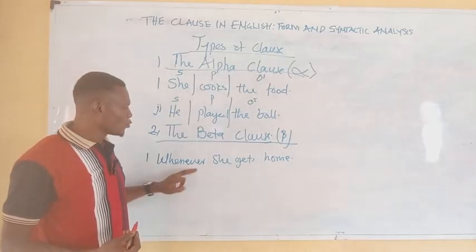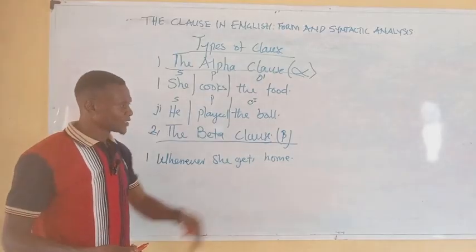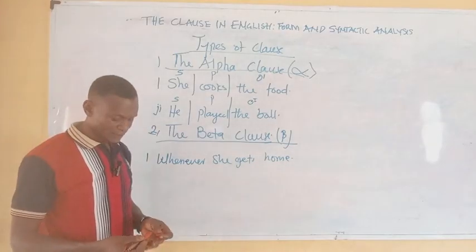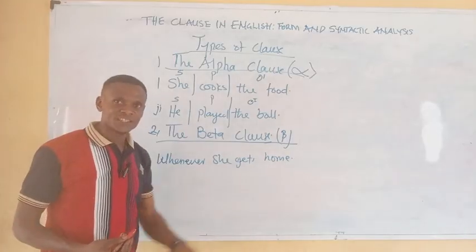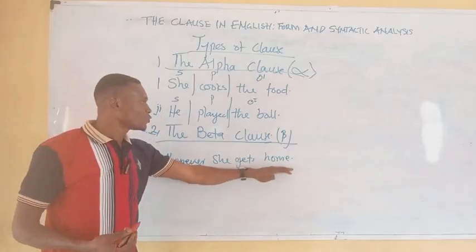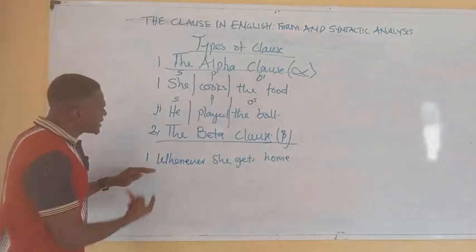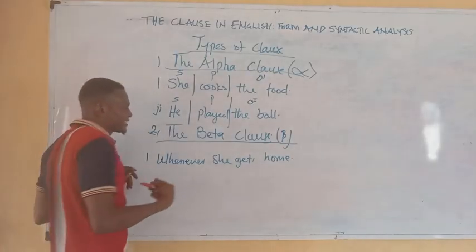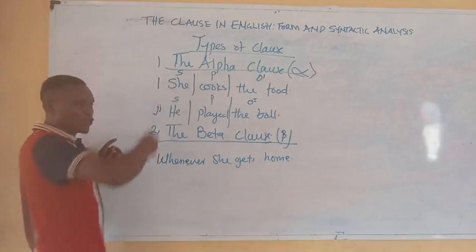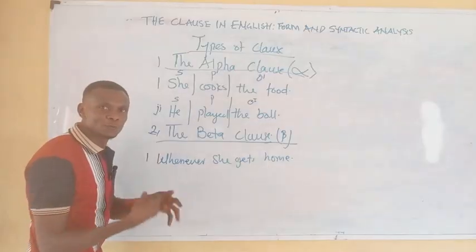Get it? Whenever she gets home, what happens? Sleep, play, do assignment, what? Because a lot of questions will be coming to your mind. Can you see? So this statement can rest on another clause, which is the alpha clause, to convey the full thought.